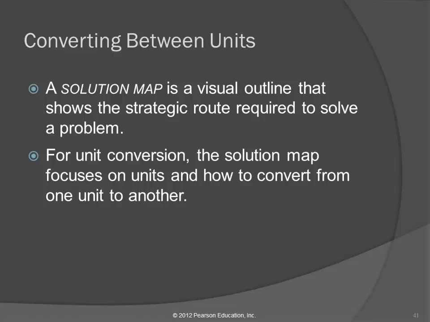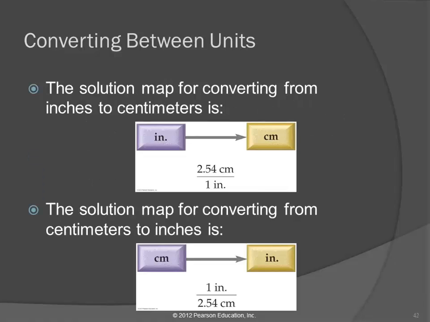Okay? I'm a visual person, and so I like to actually be able to see it, if not on paper, to be able to see it in my mind. Okay, this is where I'm going. For unit conversions, the solution map is going to focus on the units and how to get from one unit to another. So for a problem where we're converting from inches to centimeters, the solution map is very simple. We're going to start with inches, and we're going to go to centimeters.